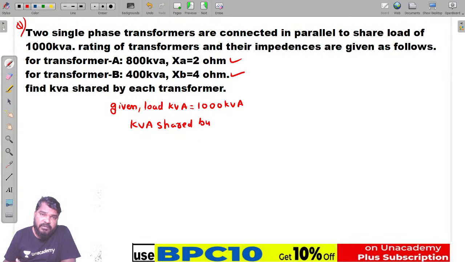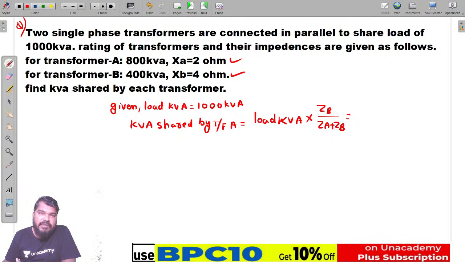So what is the formula? Load kVA into ZB by ZA plus ZB.